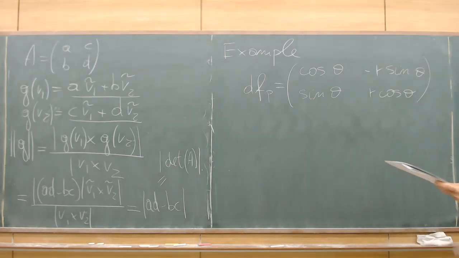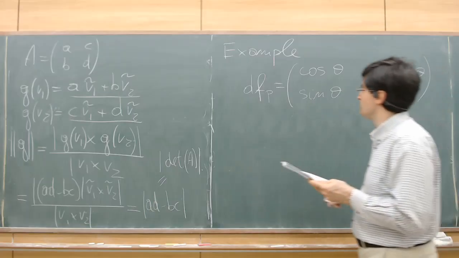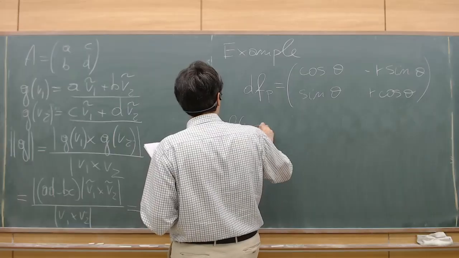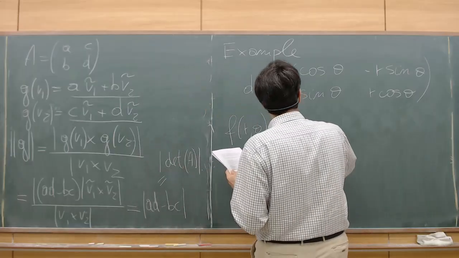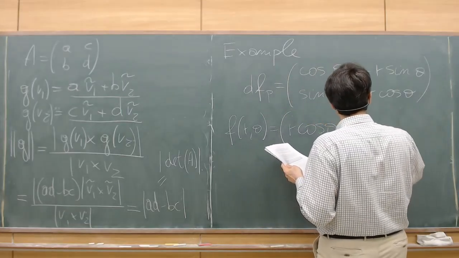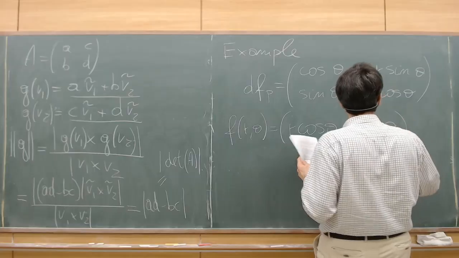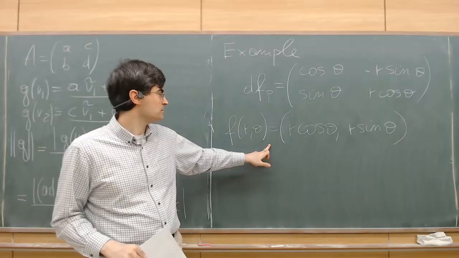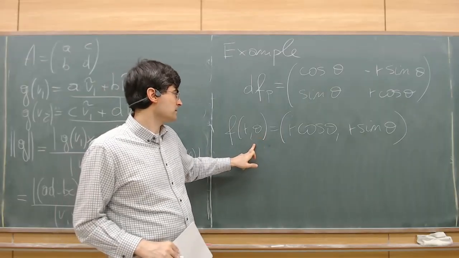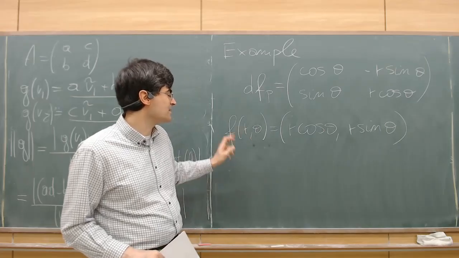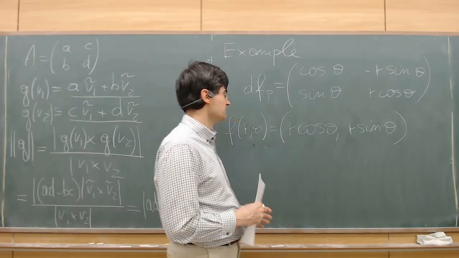To get this matrix, you compute the derivative of the map f(r, theta) equal to (r cosine of theta, r sine of theta), which encodes the change of variables. You change the variable from the Cartesian one to the polar one.